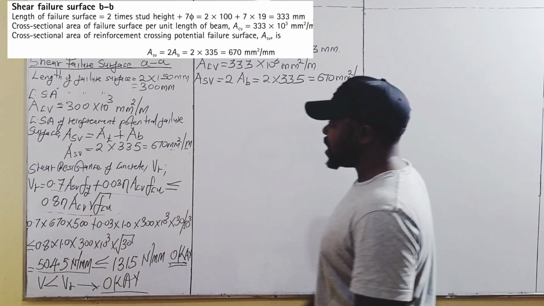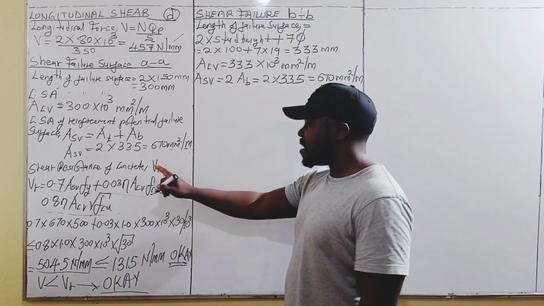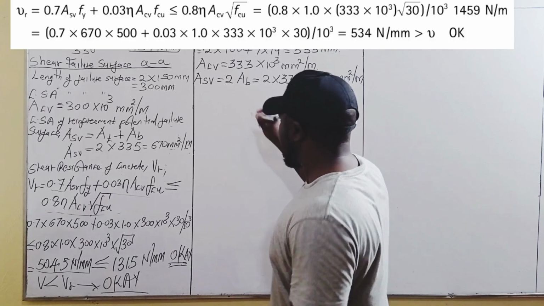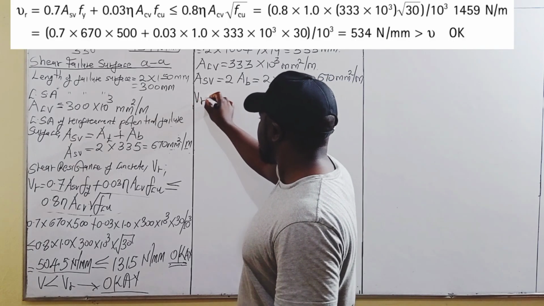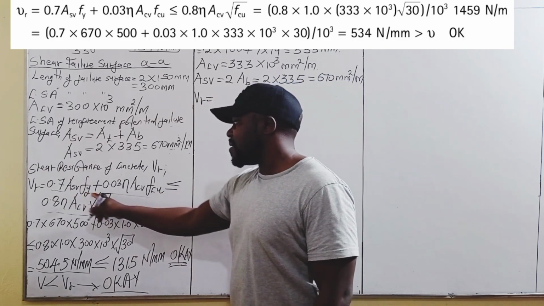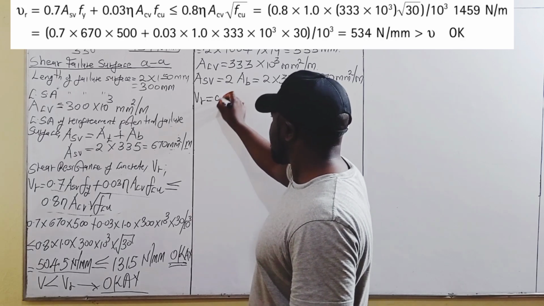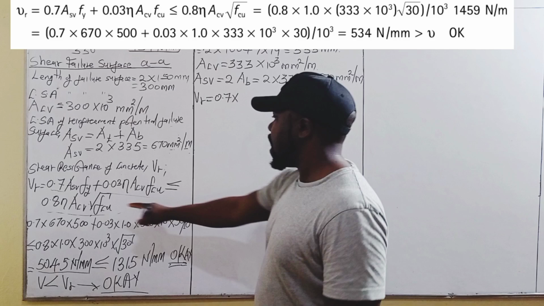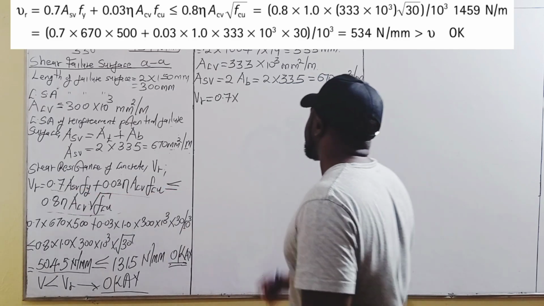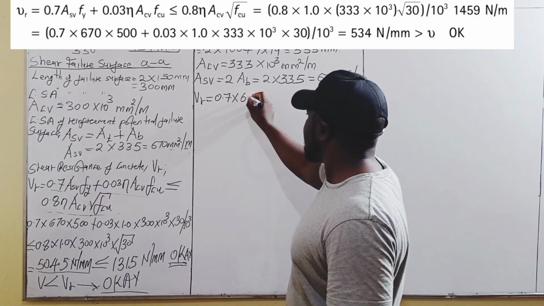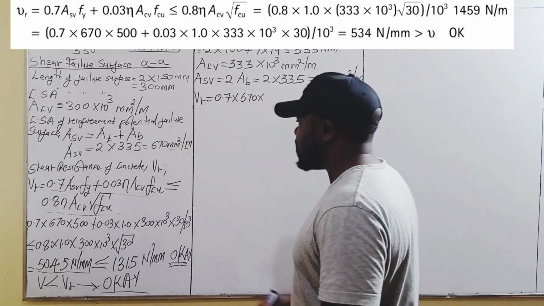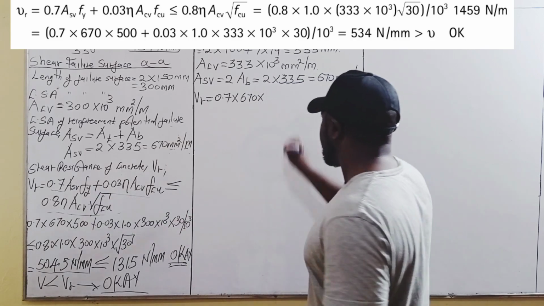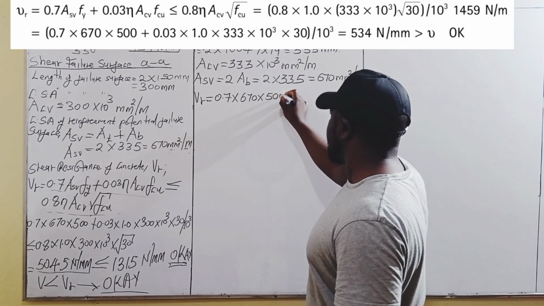Then we determine the shear resistance of the concrete, that is VR. Therefore, VR will be given by the same formula, 0.7 multiplied by ASV, and in this case ASV is 670, multiplied by characteristic strength of steel reinforcement, which is 500.